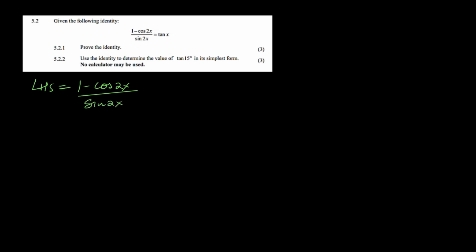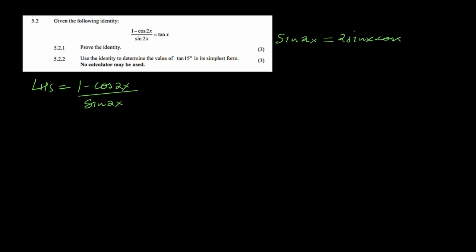So if you check, sine 2x and cos 2x are a bit complicated, but we know that sine 2x is the same as 2 sine x cos x.